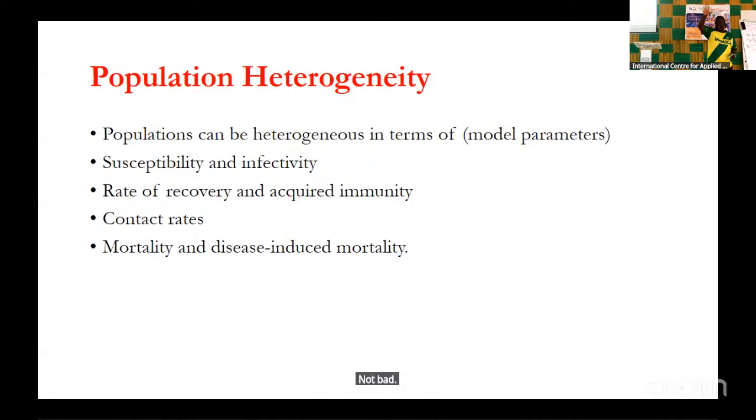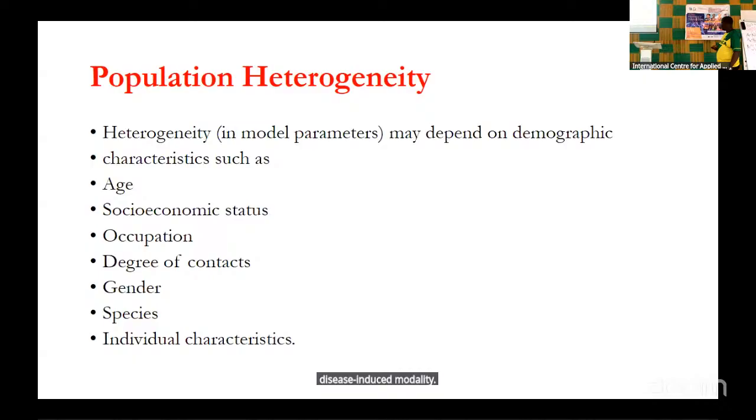Just like for this one, we had susceptible that are low risk and susceptible that are high risk. You can even divide into three and say susceptible that are medium risk. And then you have rate of recovery. You can subject the recovery rates to various heterogeneity, acquired immunity, contact rates, mortality, and disease-induced mortality.